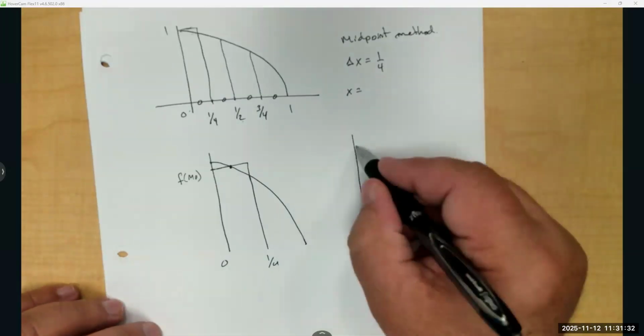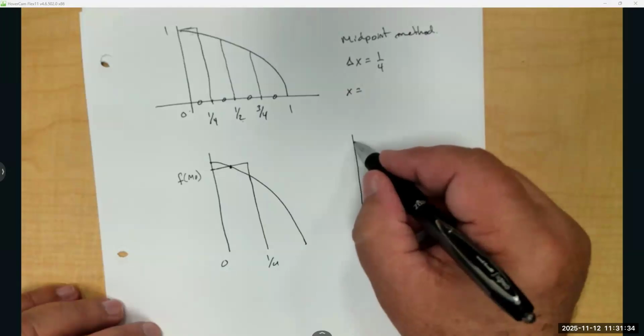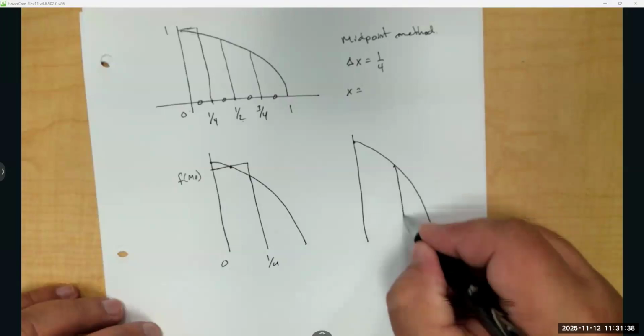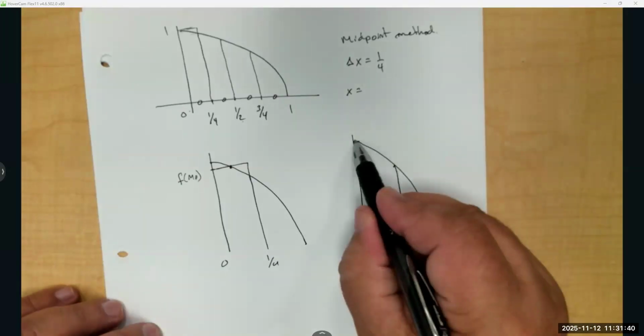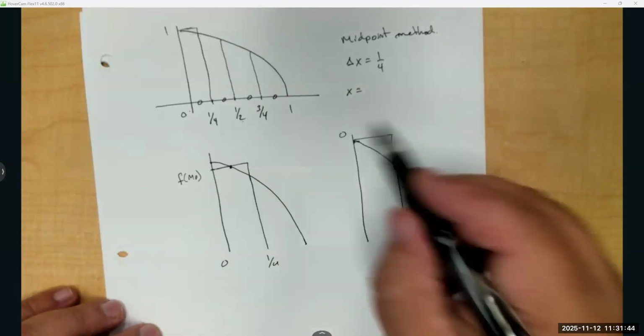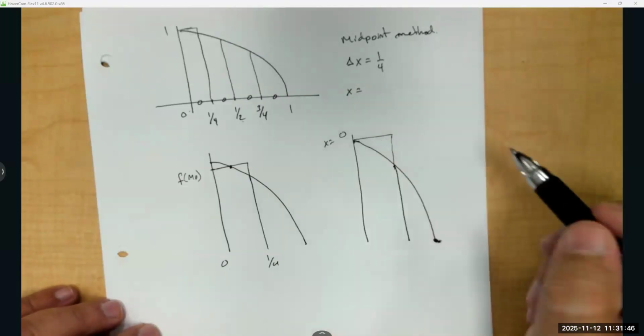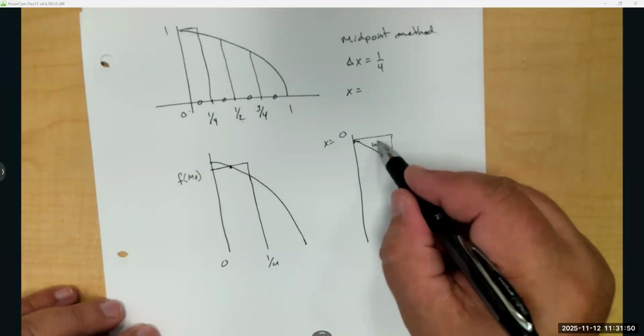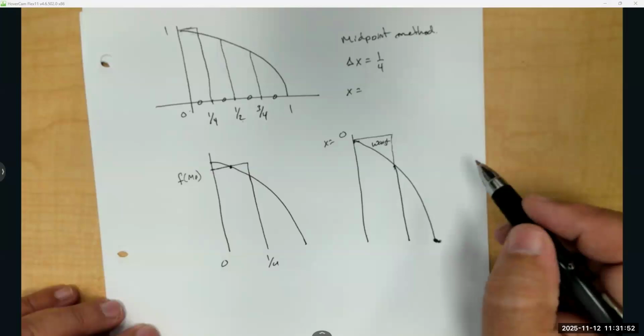Let's compare this one to the other ones we just looked at. If we used this one at 0, when x is 0, look at all this waste there.